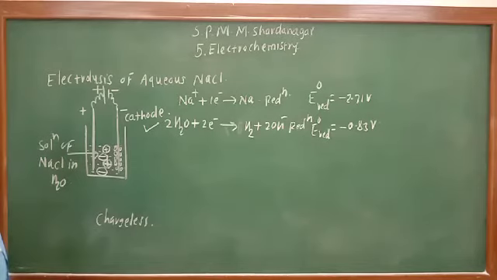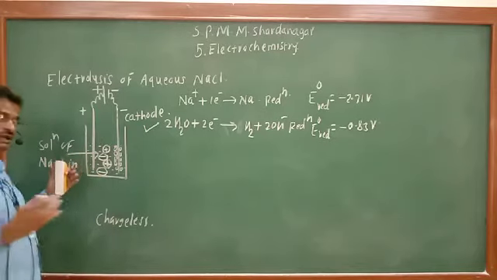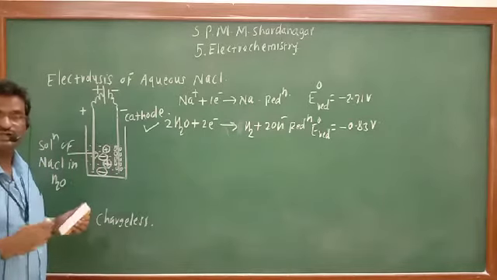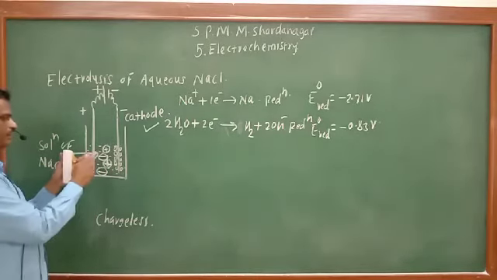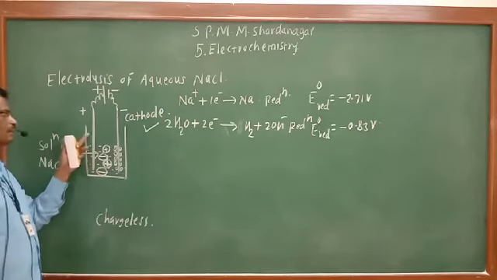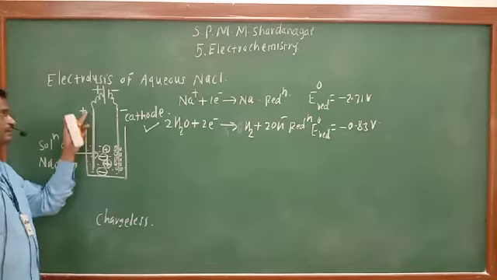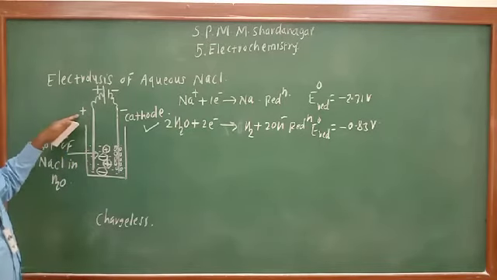Those negative ions may also get attracted, and there is competition between Cl- and OH- ions to undergo oxidation, to lose electrons at this electrode. This is the positive electrode.